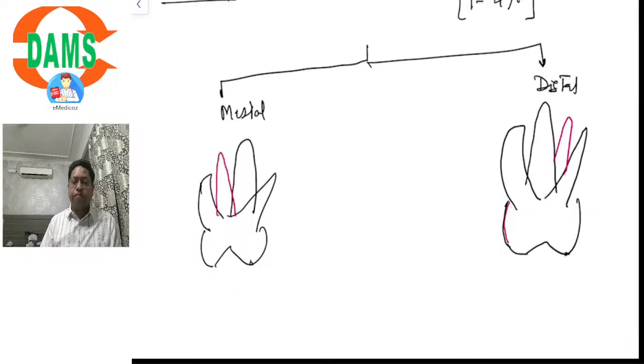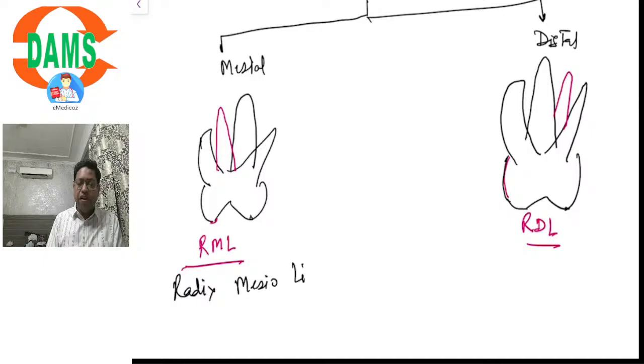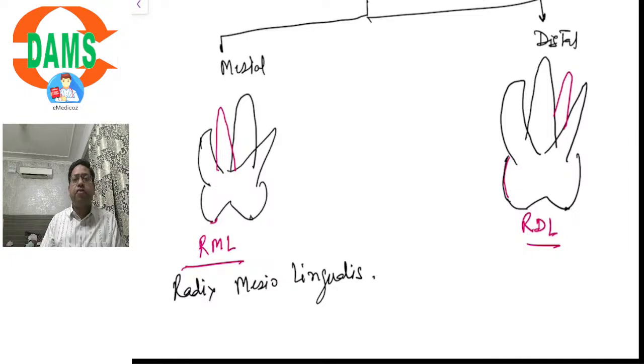So depending upon the location, it is called RML and RDL. The extra root is called RML and RDL, that is radix mesiolingualis, the extra root of maxillary first molar, and radix distolingualis.